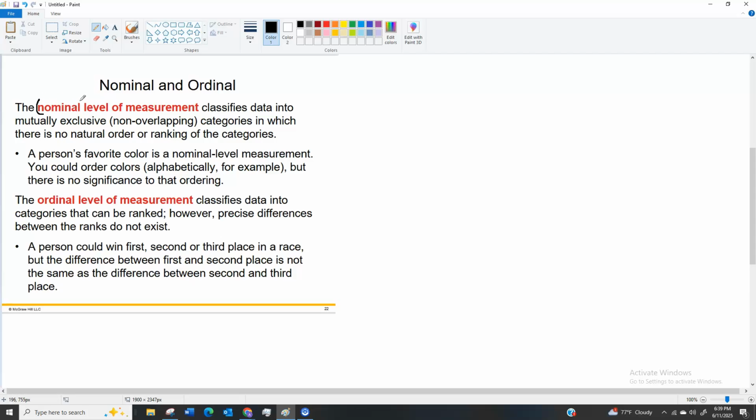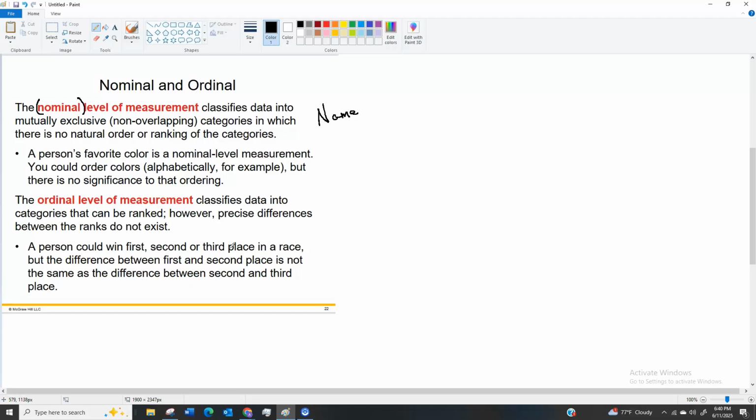Well, you may not know this because it's not quite as obvious, but the base word for nominal is actually name or noun. And so nominal is a name. So if you can only name it, then that variable only reaches the nominal level.